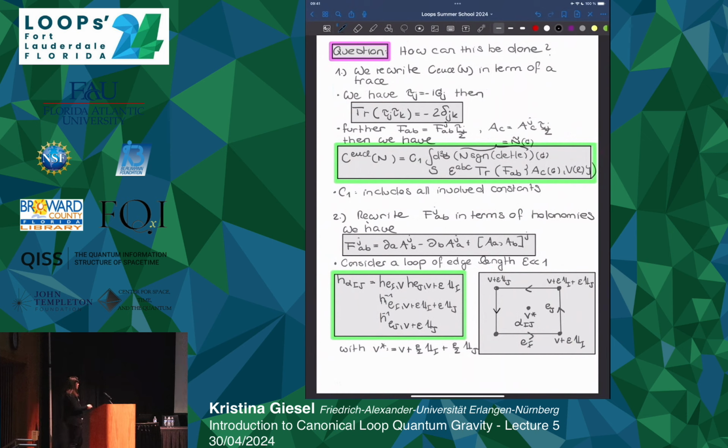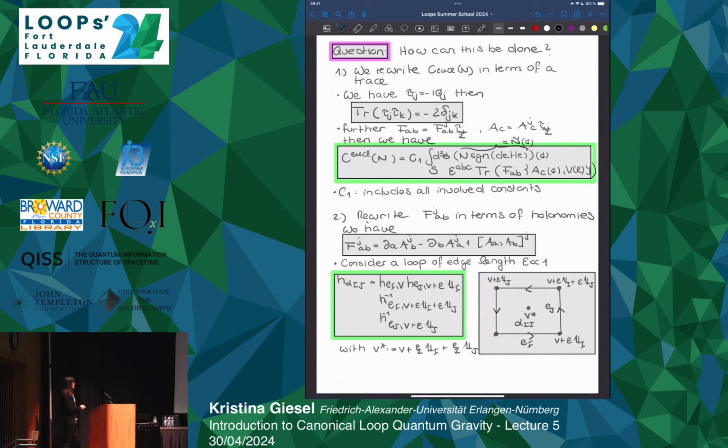And then we go up in the j direction, again along an edge e_j of length epsilon, and we end up in the upper vertex here. We take the inverse orientation and go back in the minus i direction to this vertex and then down to close the loop. And then in the center of the loop, I define this point to be V star, which is exactly epsilon half away from the j and the i axis.